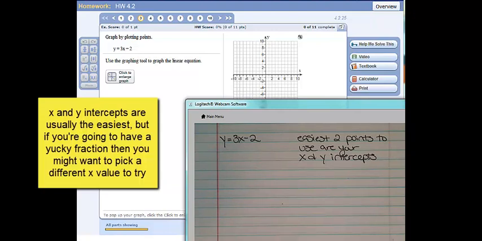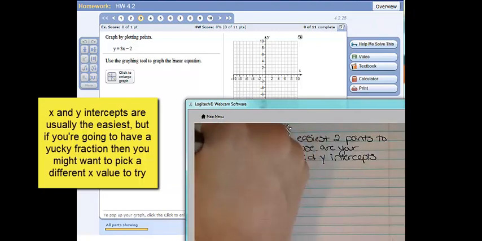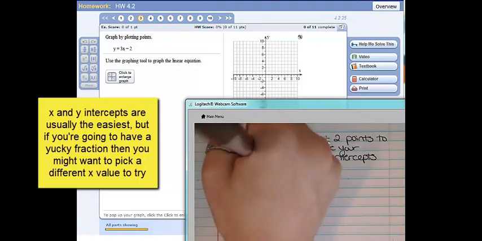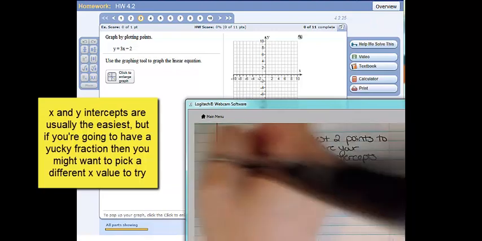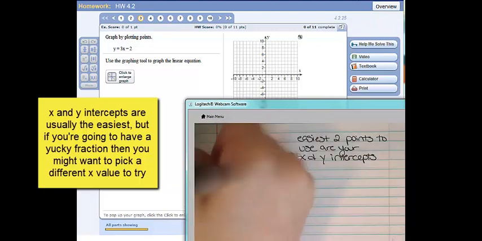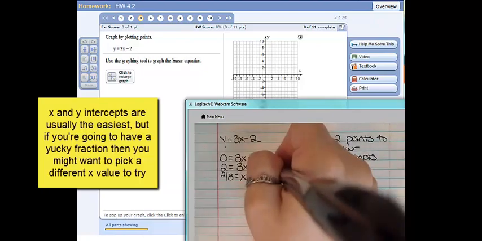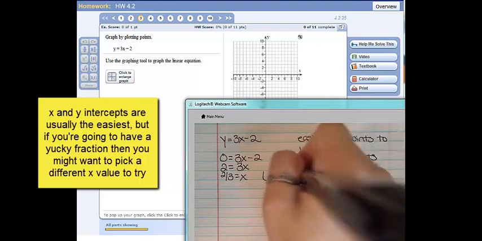But in this case, I'm going to plug in 0 for each, and then I'm going to try and graph for those two things. So I'm going to say 0 is my y, and then I'm going to solve for my x. So I have to add my 2 over, divide by 3, so I get 2/3 equals x. This is one of those cases where this might not work the best, but we will see.